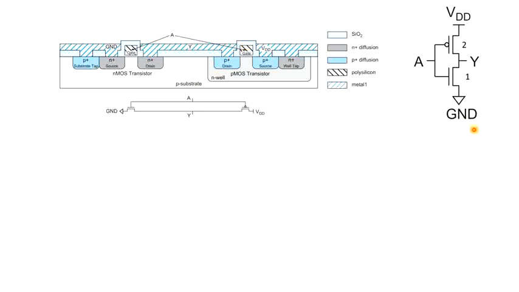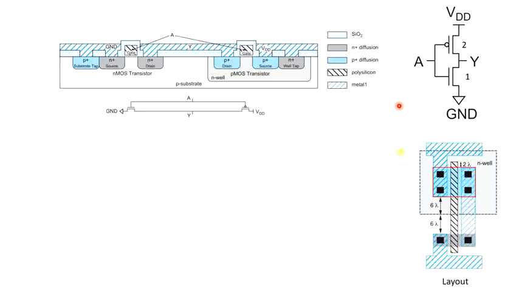Now try to think about how the layout of this inverter will look. Probably it will look something like this. For the P channel, we have this N well. You can see these border lines which denote this N well. Inside this N well, we have to create the P plus diffusions using these red blocks.